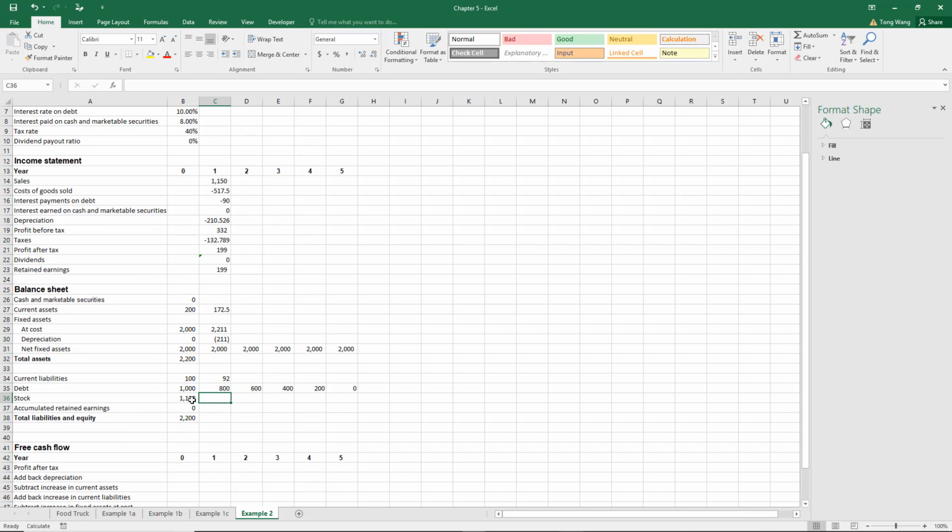Here we're going to assume that the company is not issuing more stock, so the stock level will stay constant.